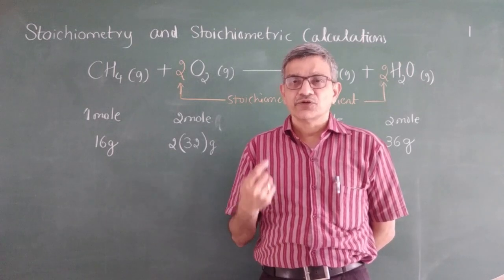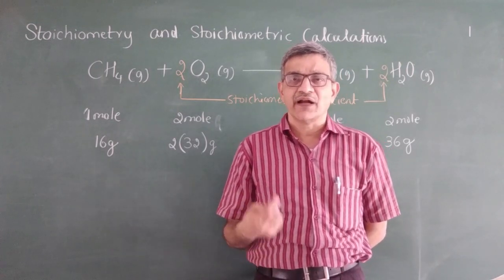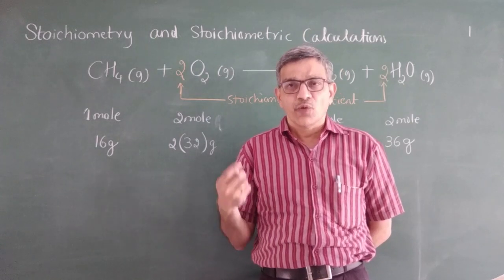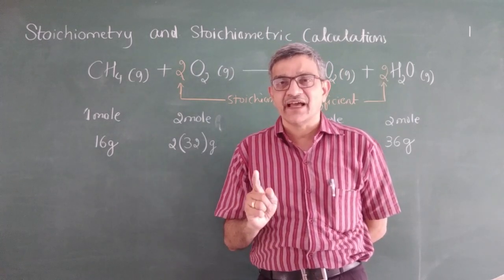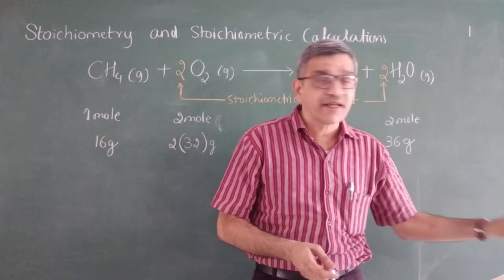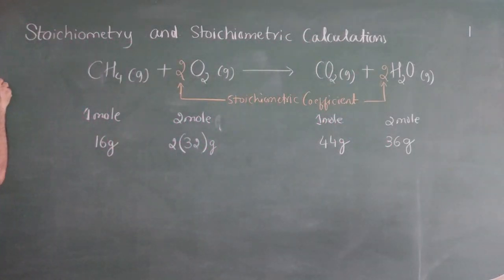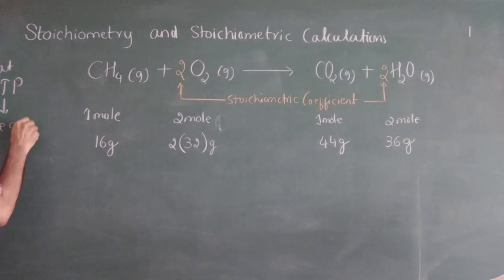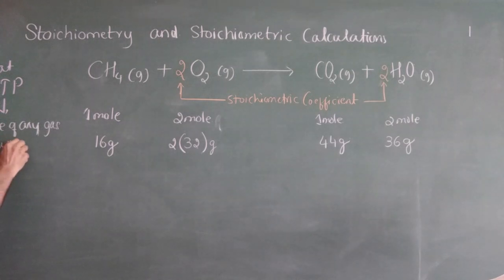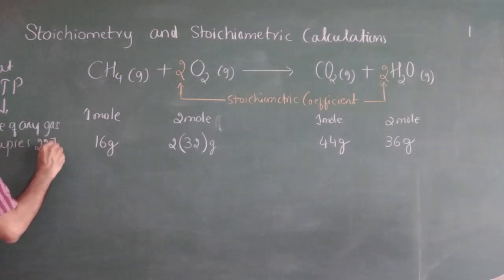Whichever gas it may be, methane gas, carbon dioxide, hydrogen gas, chlorine gas, whatever the gas it may be, 1 mole of any gas at STP, standard temperature and pressure, occupies 22.7 liter.